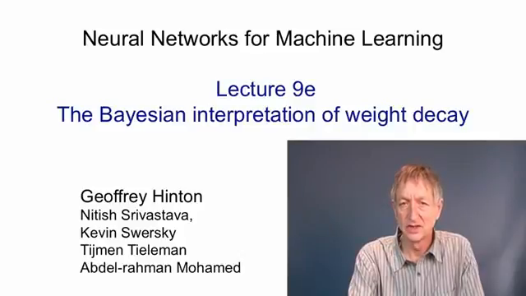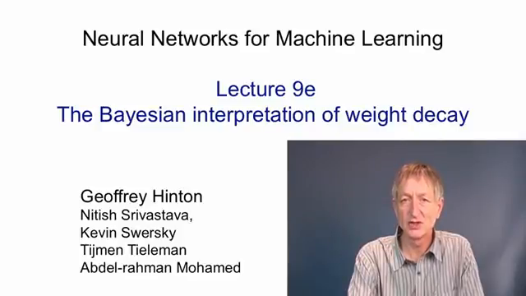In this video, I'm going to talk about the Bayesian interpretation of weight penalties. In the full Bayesian approach, we try to compute the posterior probability of every possible setting of the parameters of a model.